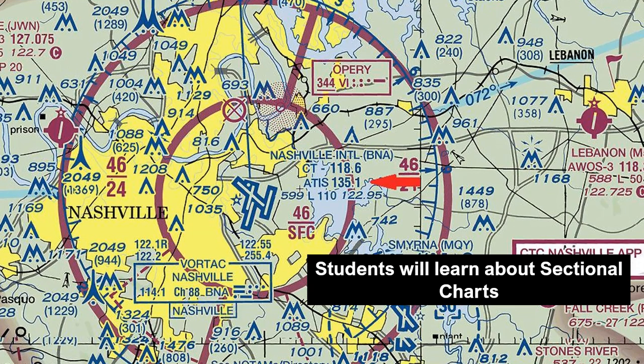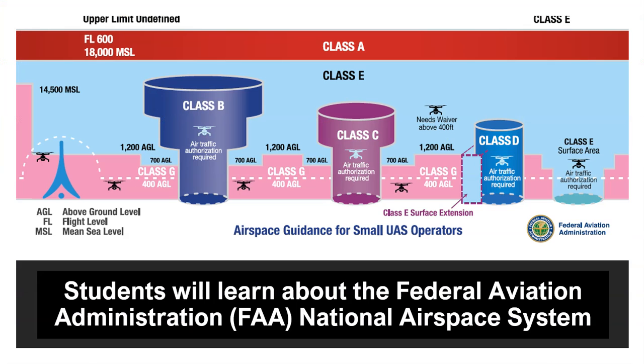In this course, students will learn what a sectional chart is and how they are interpreted and used in drone operations. Students will also learn about what the Federal Aviation Administration's National Airspace System is and where drones can legally operate and where they can't.